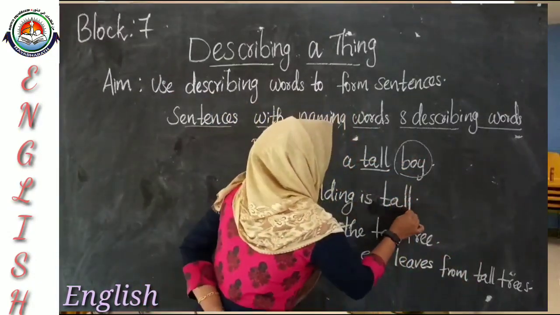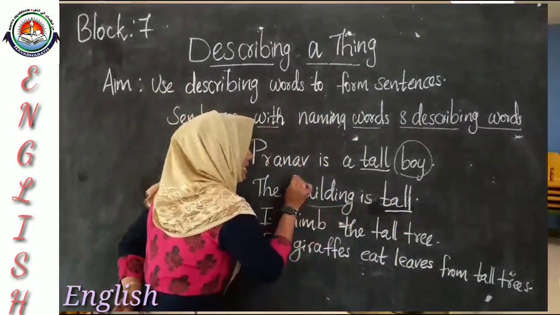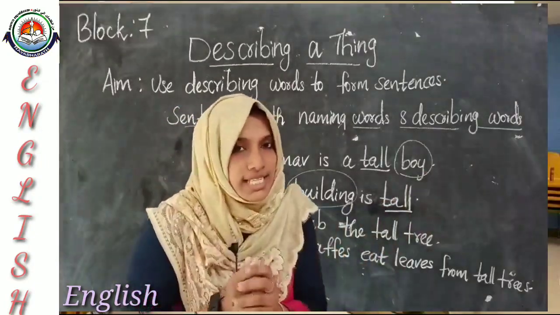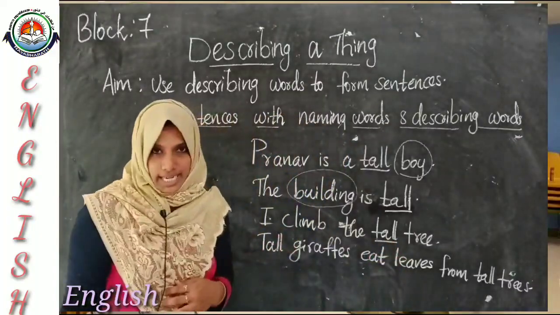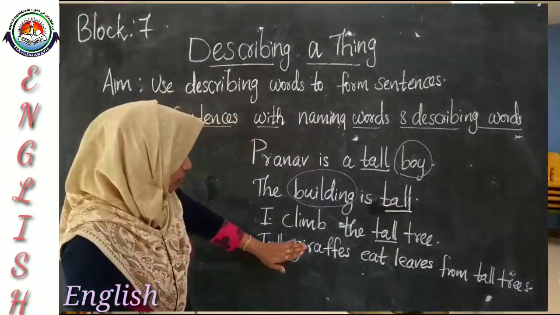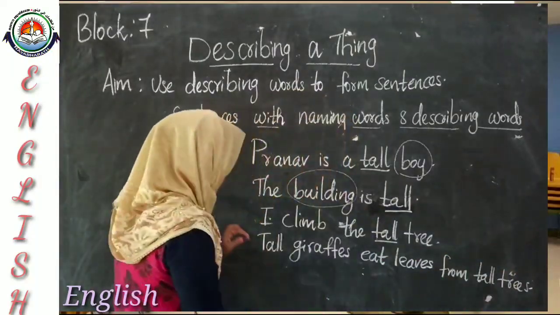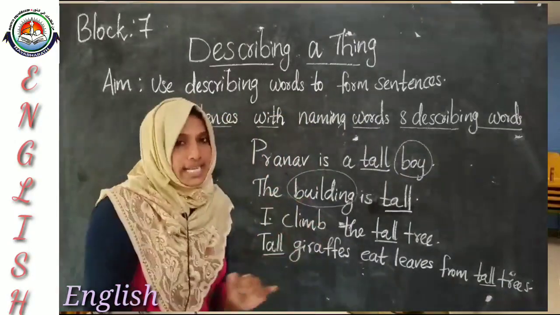Yes, it is tall, and this building is the naming word. I climb the tall tree. What is the describing word here? Again this tall. And the tall giraffes eat leaves from tall trees. So here also, these two talls are the describing words.